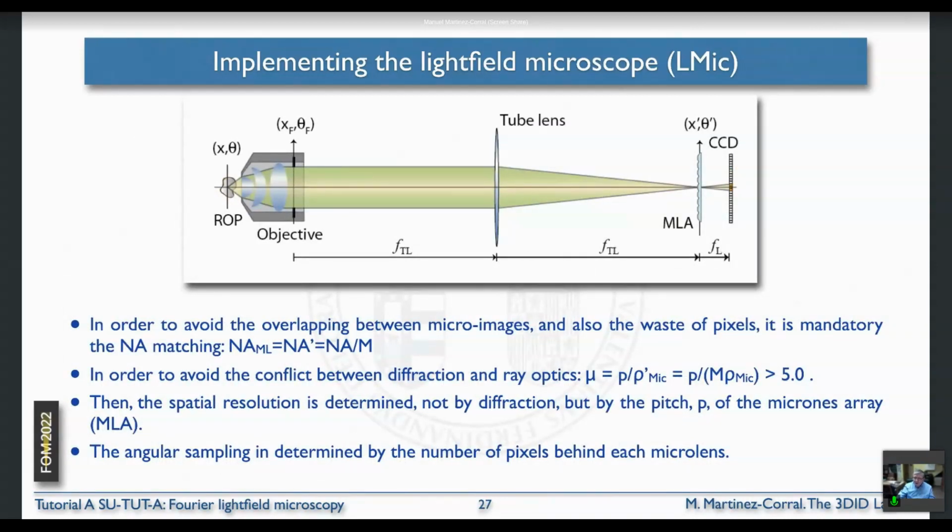But this assumption is not true if we have strong diffraction effect. What does strong diffraction effect mean? It means that if the point spread function of the native microscope is large, comparable to the microlens size, then the Lightfield concept doesn't work. So we cannot assume that a given pixel is collecting a given angular information.